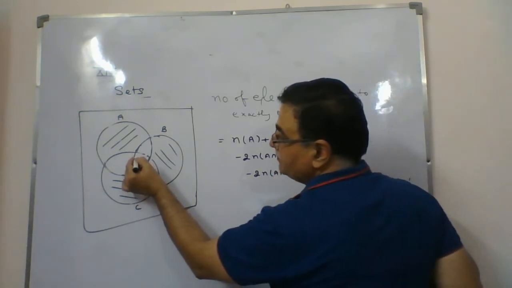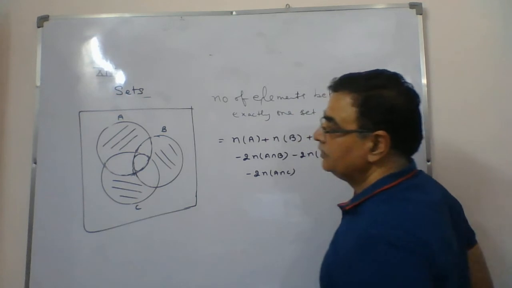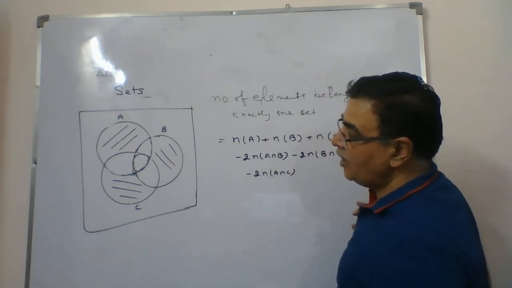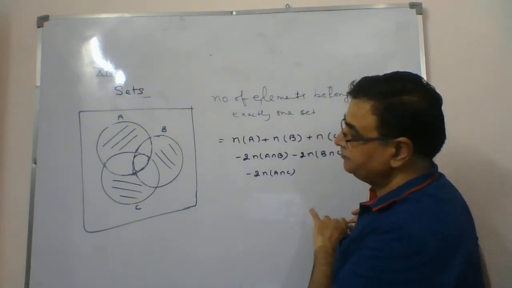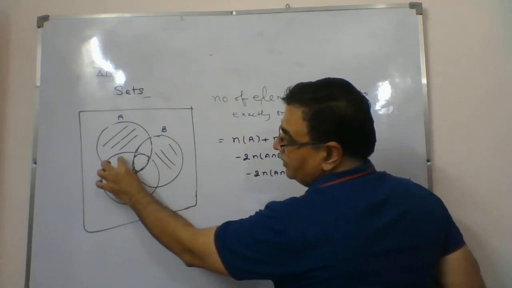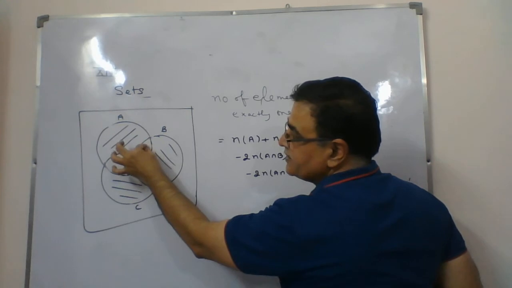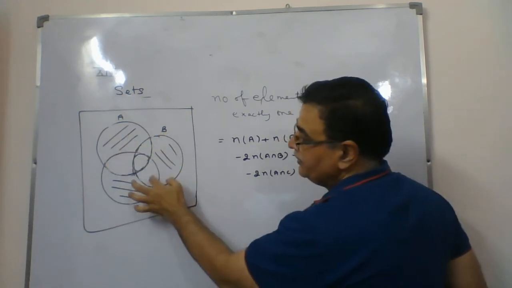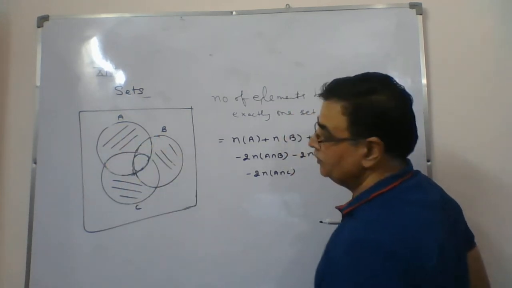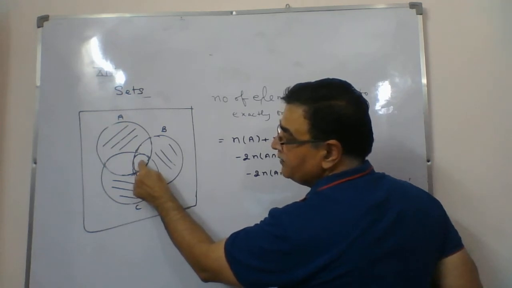Now the problem comes here. This is how many times subtracted? Here in this case, 2 times we have subtracted because it was counted twice. It is subtracted twice because counted twice, and this one also twice. So how many times is it subtracted?